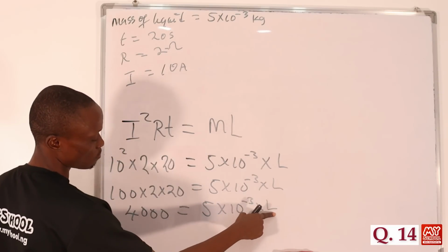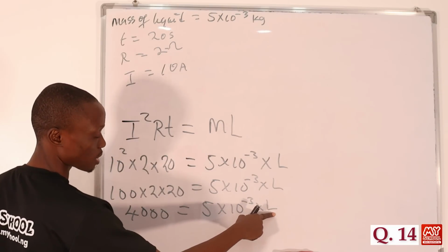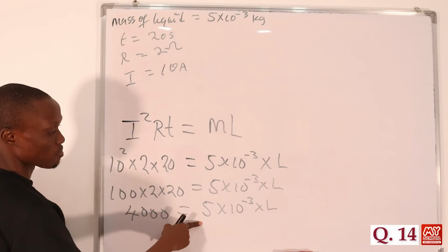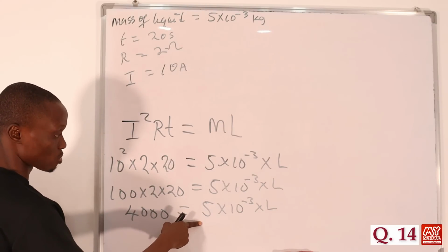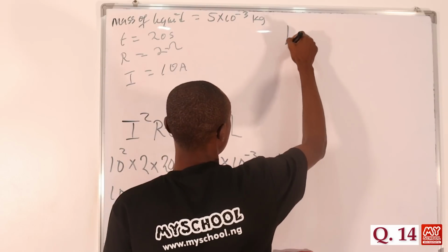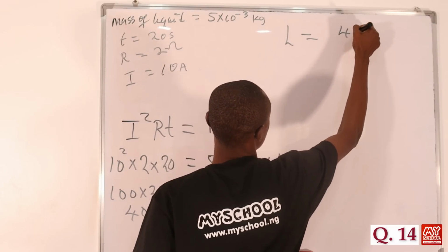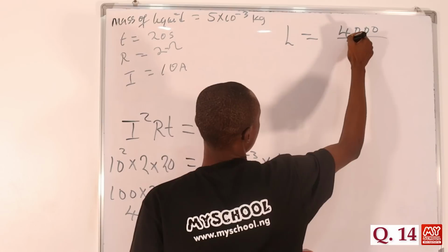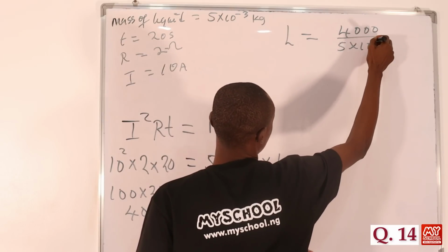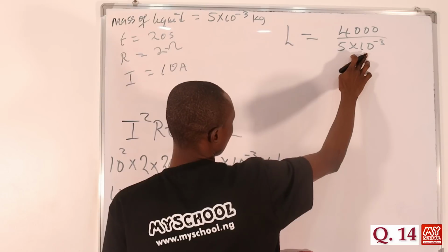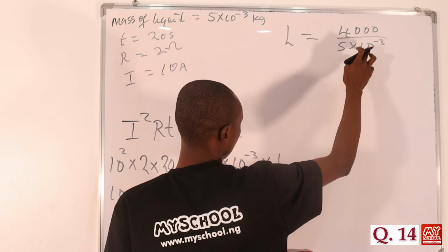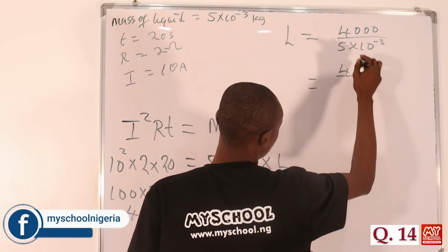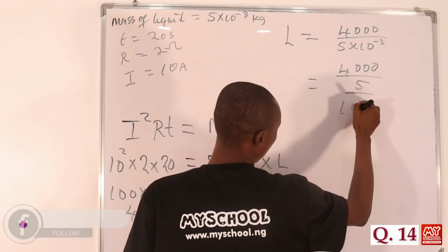Now, since we are looking for the value of L, which is the specific latent heat of vaporization of the liquid, we divide both sides by 5 times 10 raised to power minus 3. Okay, so that our L now becomes 4000 divided by 5 times 10 raised to power minus 3. But remember that this 5 times 10 raised to power minus 3 is still the same thing as 5 over 1000.